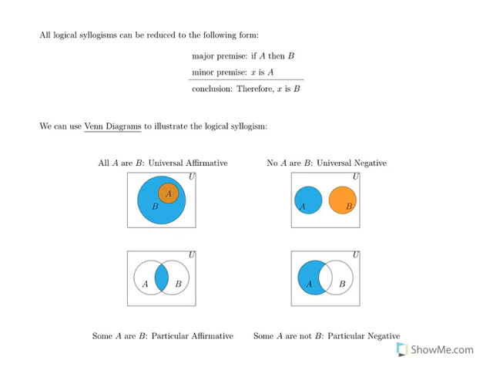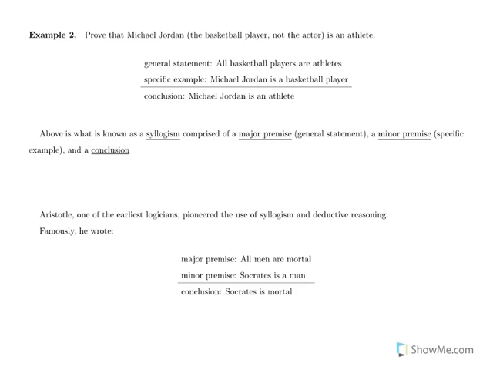Note that on the previous page, if you go back to the Michael Jordan example, if A, then B is: if someone is a basketball player, then they are an athlete.